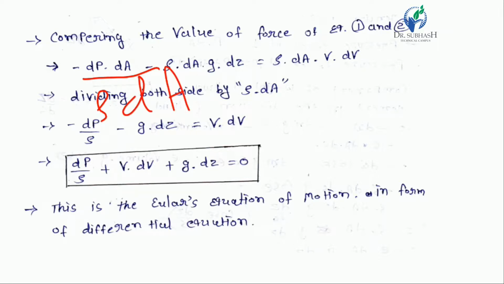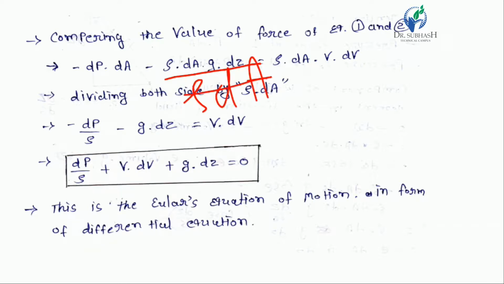First of all, dA cancels, so we get dp upon rho, and g dz.